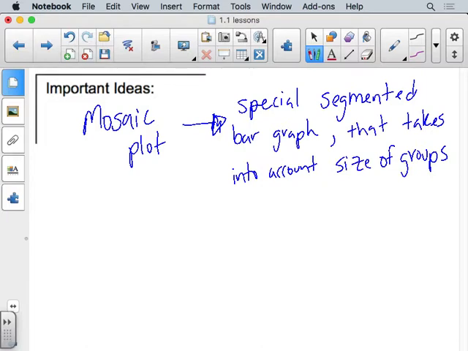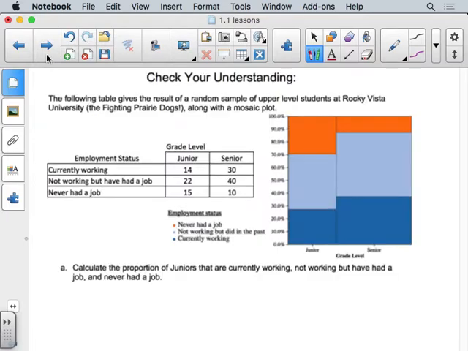Okay, sweet. Okay, so to keep in line with second period, even if we have a little more time, I don't necessarily want to give y'all something more. I want to do question C on this check for understanding. Question C says, write a few sentences summarizing what the display in part A reveals about association between grade level and job experience.